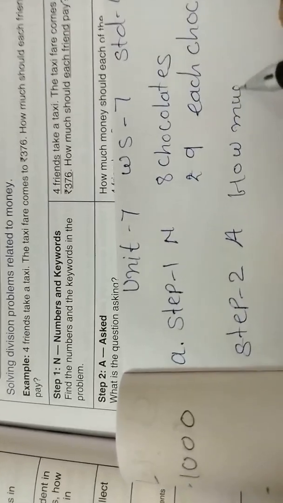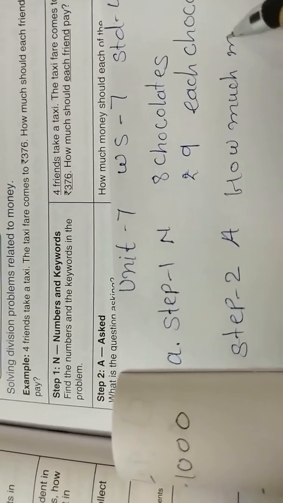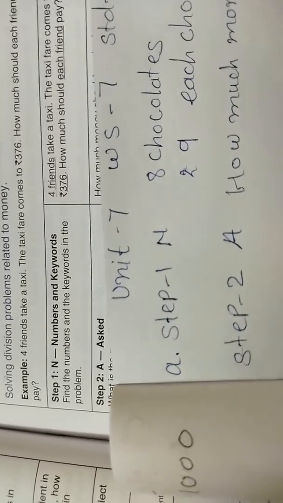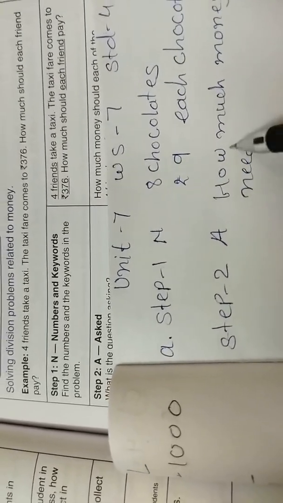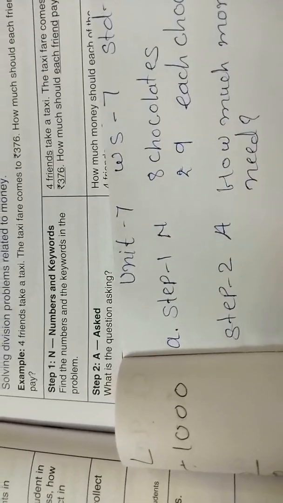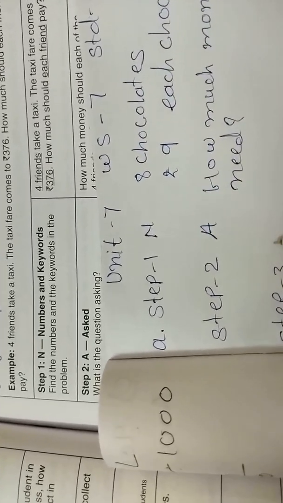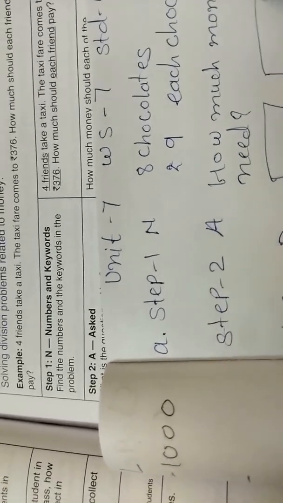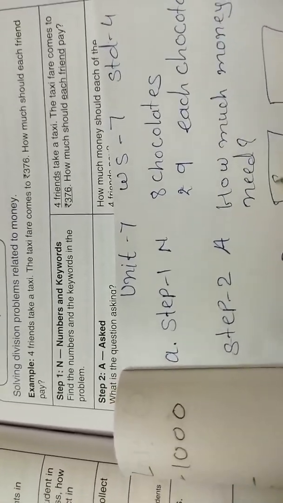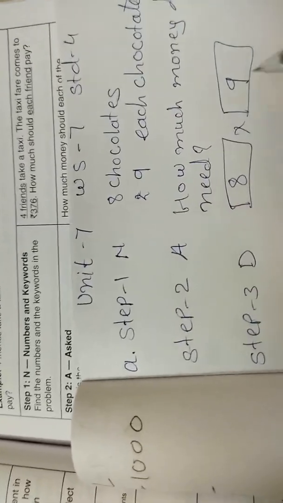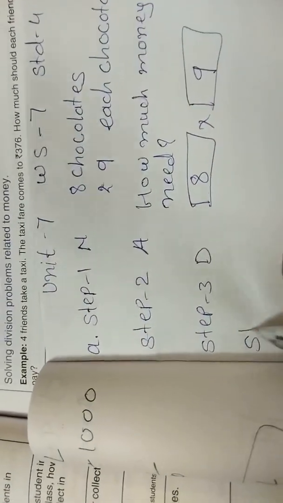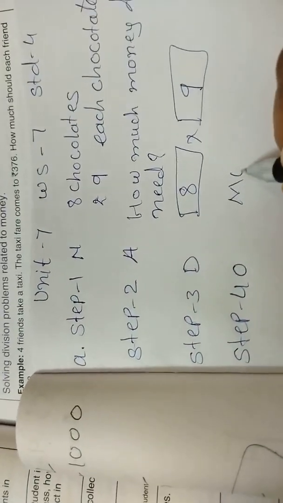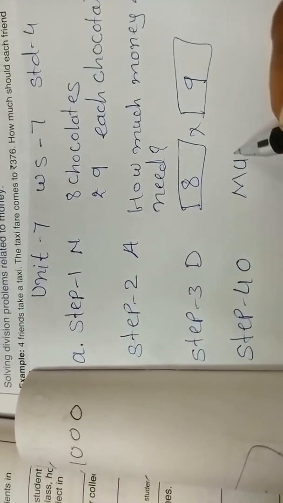How much money do I need? Step number 3. Draw. We have to draw 2 boxes. 8 multiply 9. Step number 4. Operation. We have to use multiply.